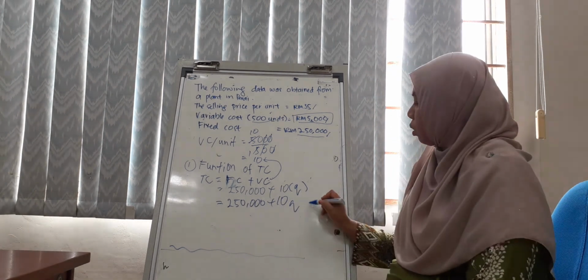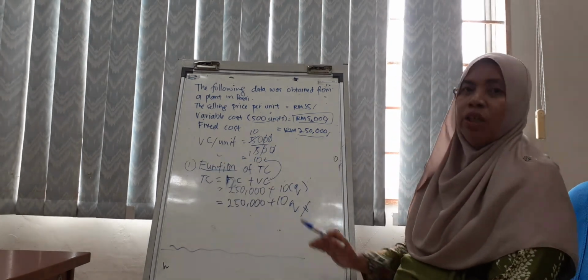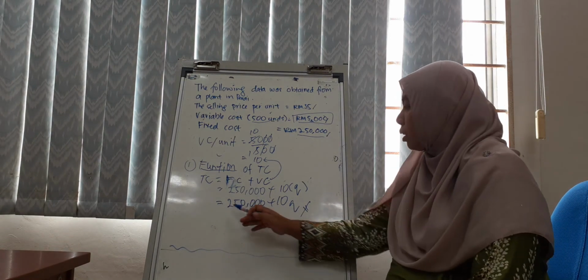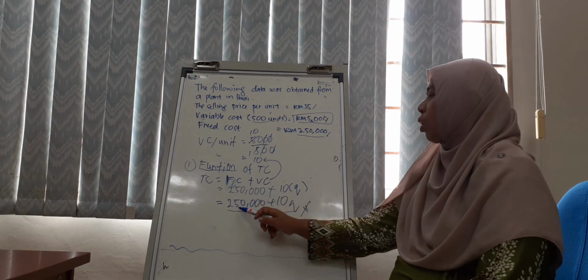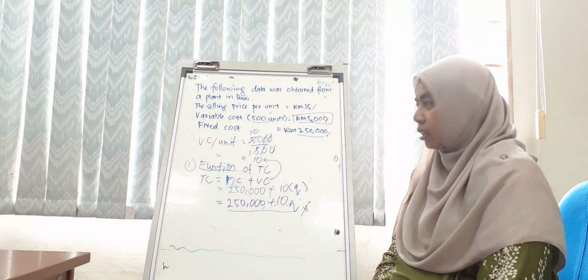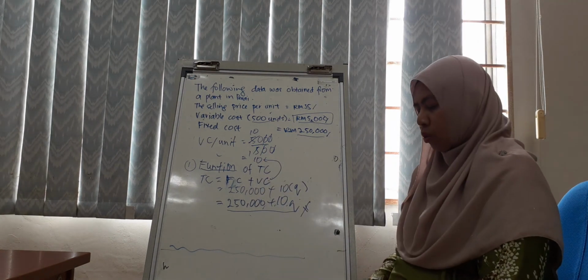Just this. So this is the answer, because you only want the function. No need to identify the exact value. Just leave it here: 250,000 plus 10Q. Okay? Understand? This is the function of total cost.